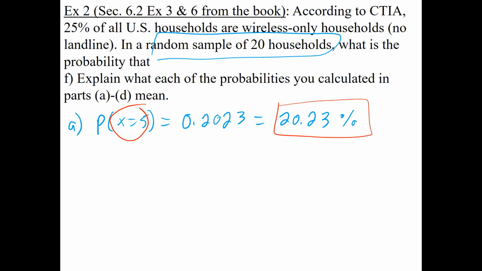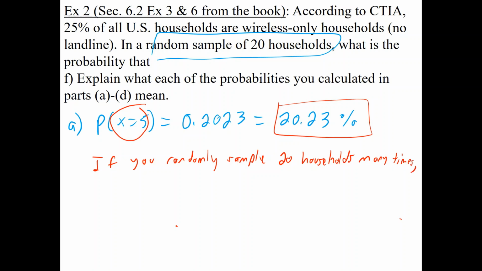So if you randomly sample 20 households, because that's what the experiment is here, many times. So you've got to do the experiment many times. Okay. Then what will happen? The event will occur, the thing that I've circled here.